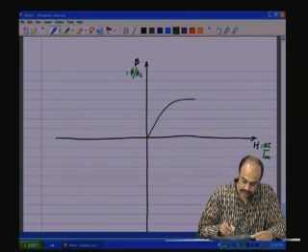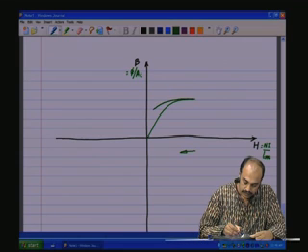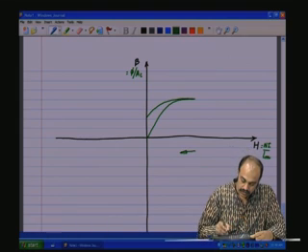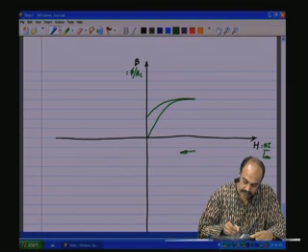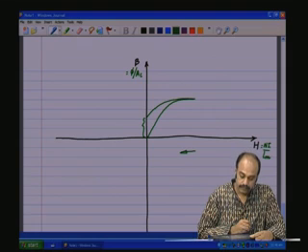Then let us bring the magnetic field intensity back towards 0. As you start bringing it towards 0, you will see that it does not come back along the same path. It exhibits hysteresis. So when the magnetic field intensity is 0, there is some remnant flux in the core.